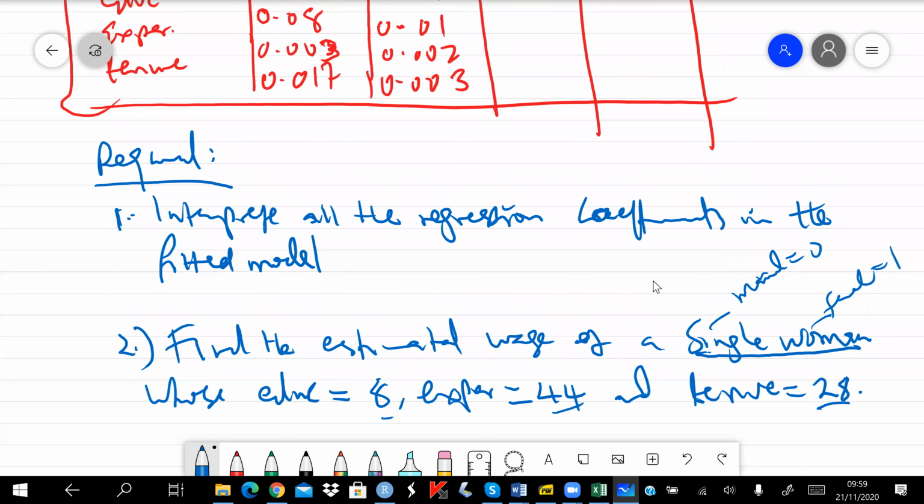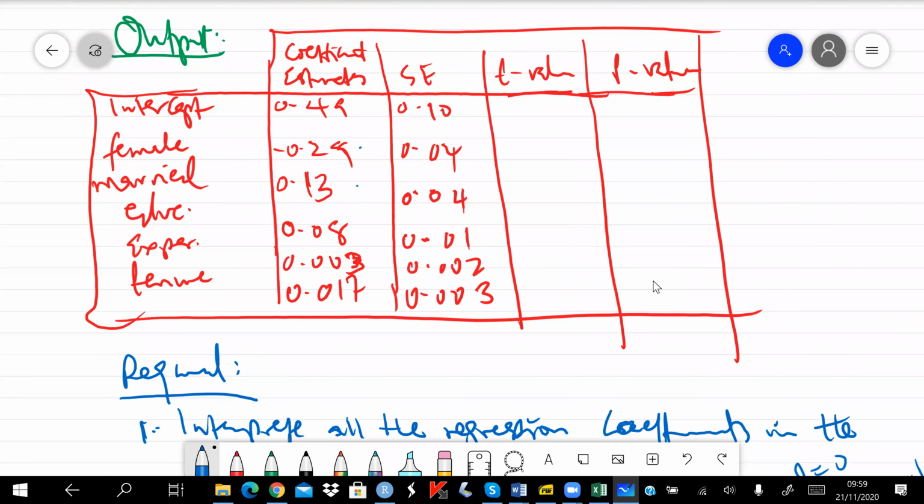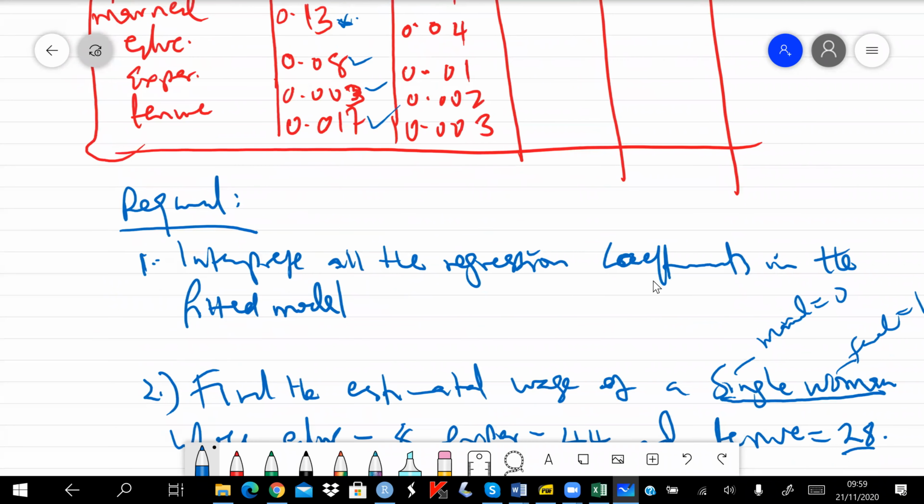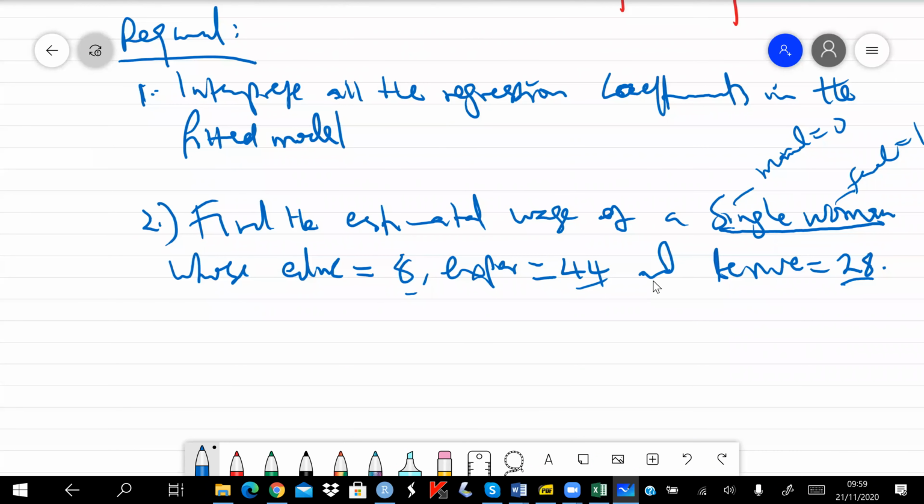You put 1 there, you multiply this by 1, you multiply this by 0. So you'll be left with this item. This will go away, and that, and that. And you simplify to get the percentage change in the wage.